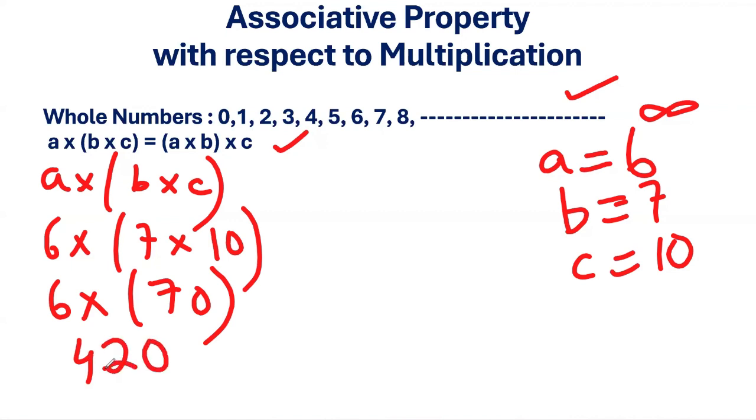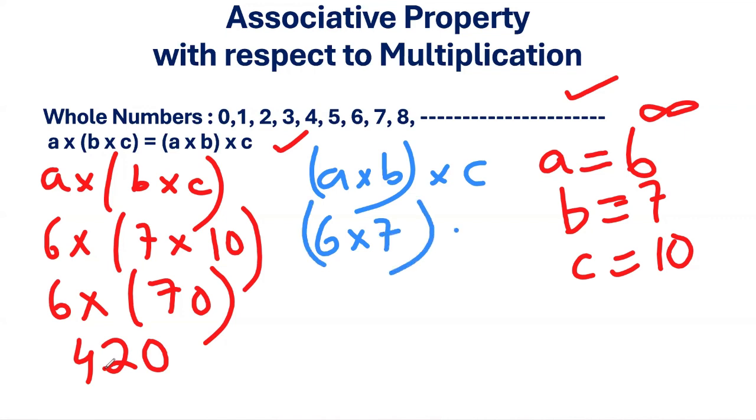Now you are going to check the right-hand side of the property. Let's start with it. The right-hand side is A multiplied by B in bracket multiplied by C. You have taken A is equal to 6, B is equal to 7, and C is equal to 10.